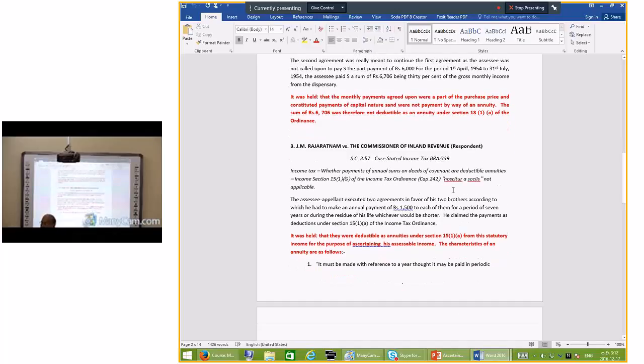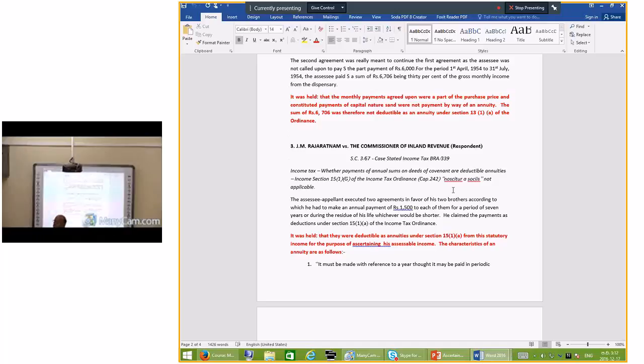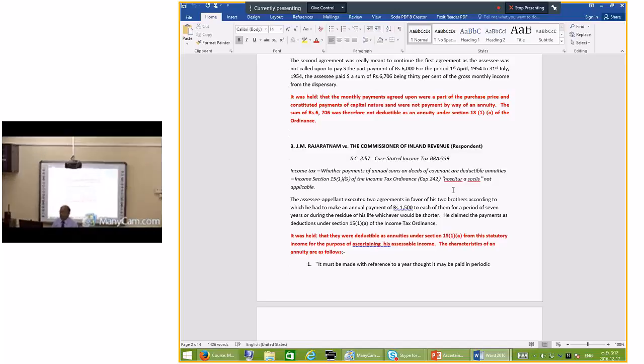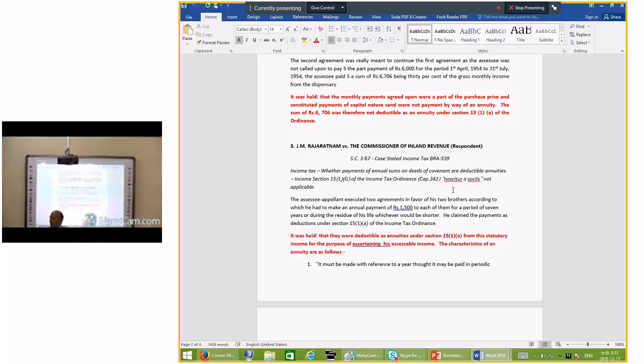He had two brothers. They were children, and Mr. Rajaratnam was the elder brother. He entered into an agreement with his two brothers to pay some annuity for 7 years.